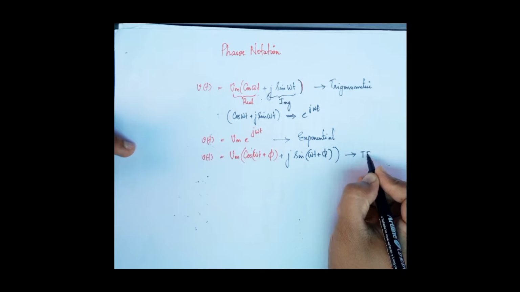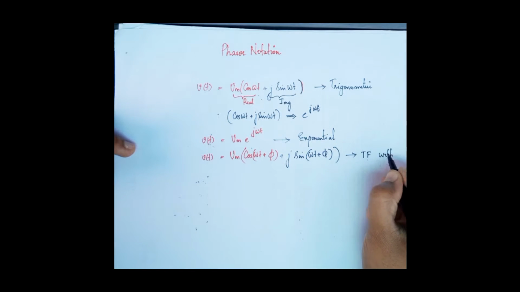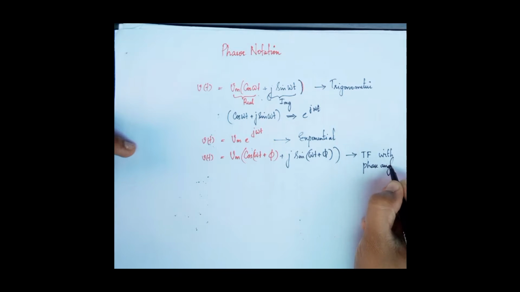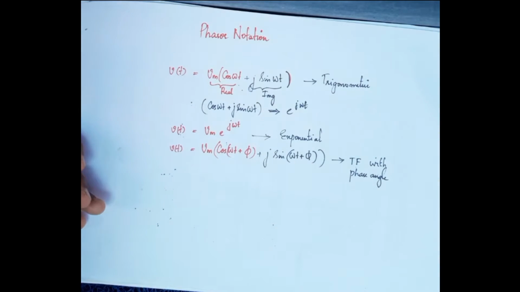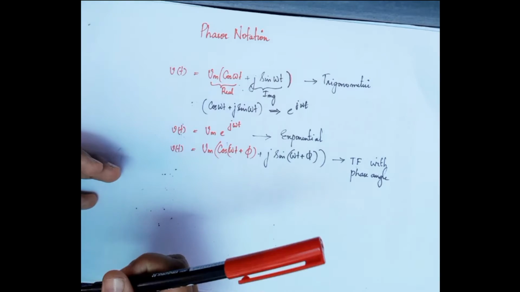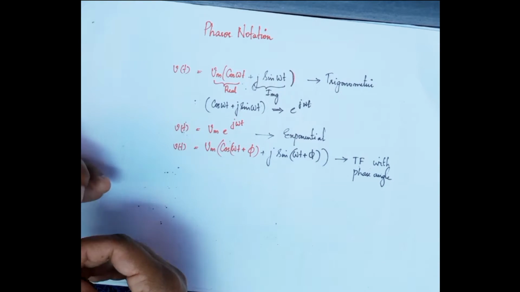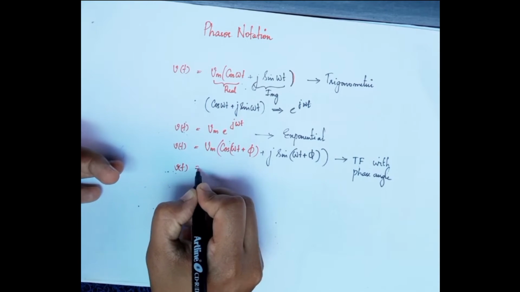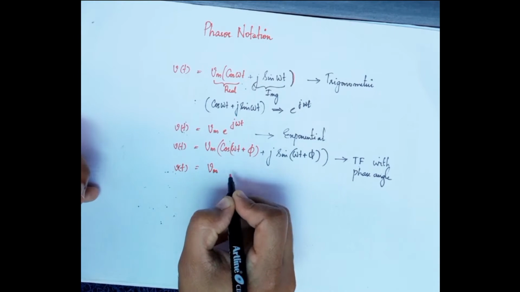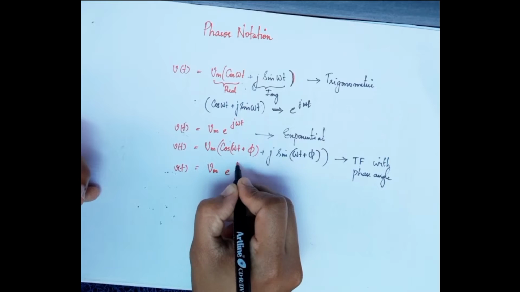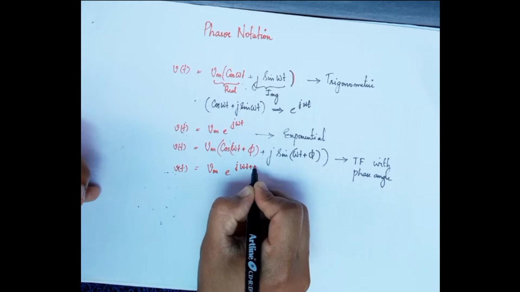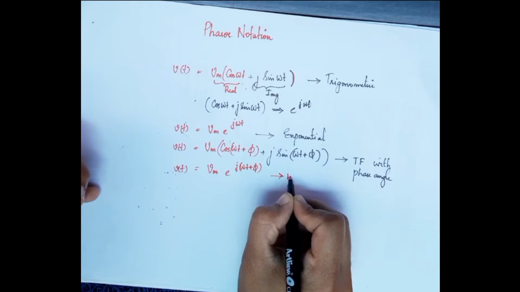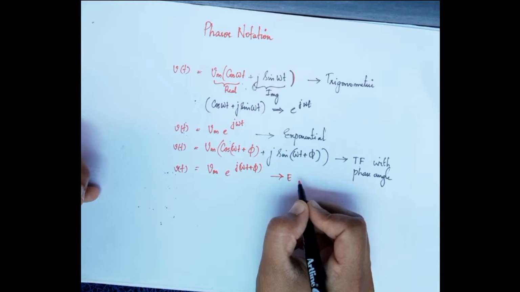In exponential form, it becomes Vm e power j(omega t plus phi).